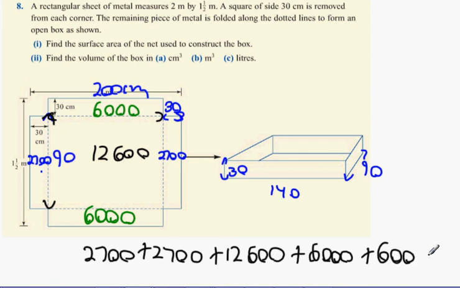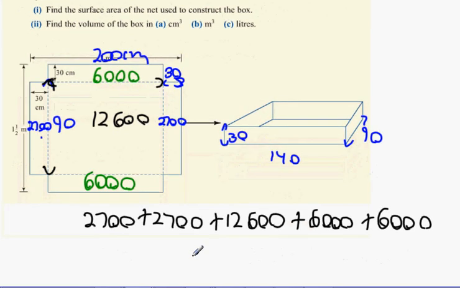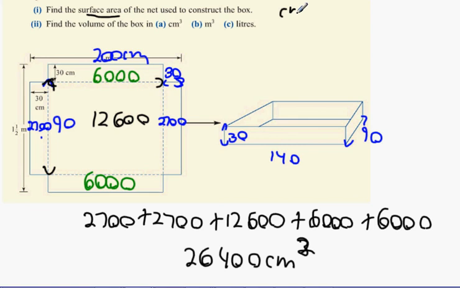What do we get in total? 26,400 centimeters cubed. Happy enough with that? Sorry, squared, because you're right, it's area, surface area. Surface area is centimeters squared.